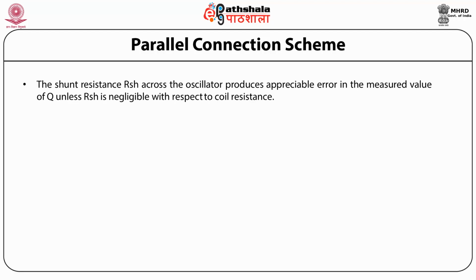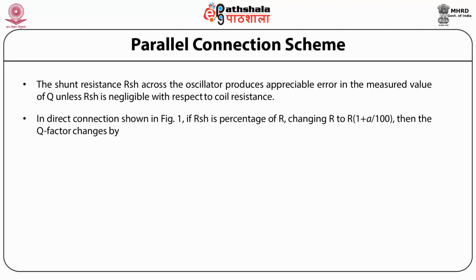The shunt resistance RSH across the oscillator produces appreciable error in the measured value of Q unless RSH is negligible with respect to coil resistance. In direct connection shown in the figure, if RSH is a percentage A of R, changing R to R multiplied by (1 + A/100), then the Q factor changes by ΔQ, which is equal to Q actual minus Q indicated.